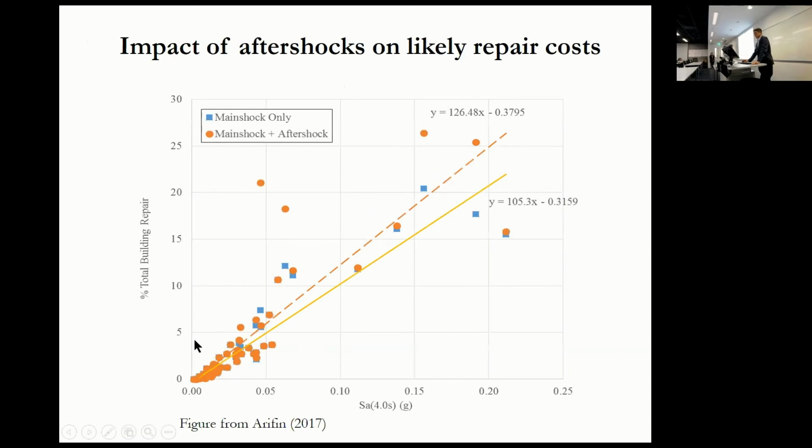Some of those were obviously, because we're quite far from the main event, smaller intensity, and some of them bigger intensity. And for some cases, you see a very big increase in expected losses due to the aftershocks. So this is showing total losses, thinking about just calculating them from the main shock only, or the main shocks and the aftershocks.